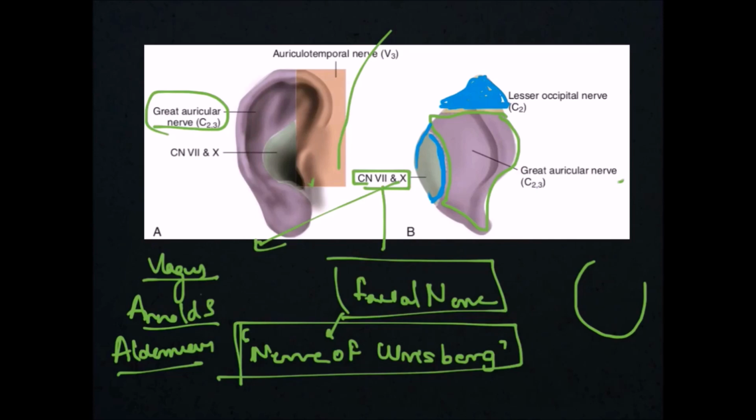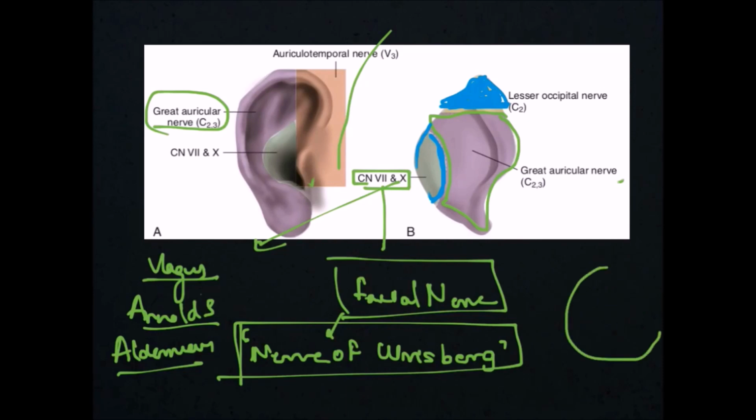In acoustic neuroma, the Schwann cells of the inferior vestibular nerve start growing, and then it will compress the facial nerve. So let me take it from the start.